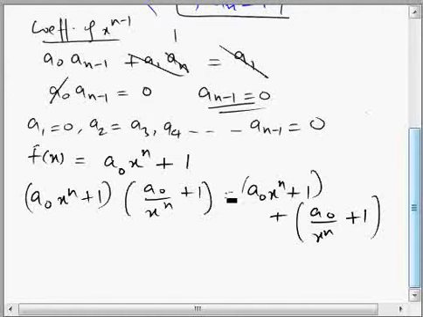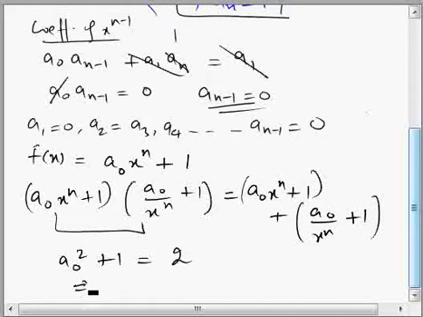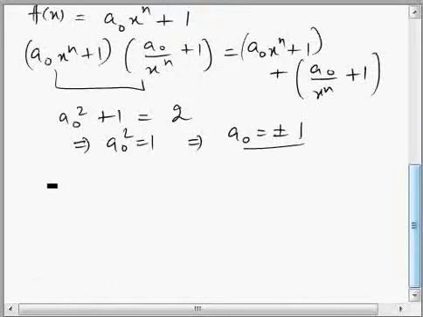To find a0, I can compare the constant term on the two sides. The constant on this side will be a0 square plus 1. The constant term from this side is 2. So this implies a0 square equal to 1, a0 equal to plus minus 1. So the f(x) function is plus minus x to the power n plus 1.